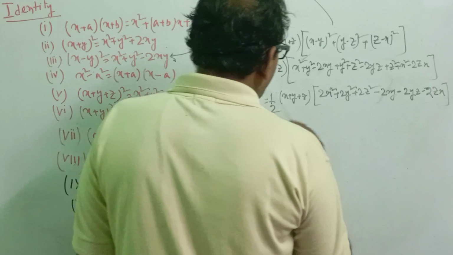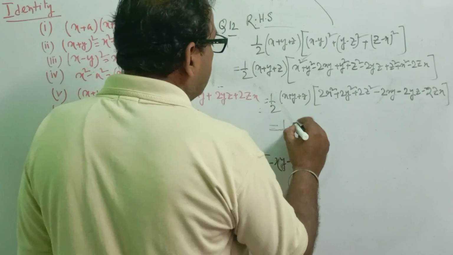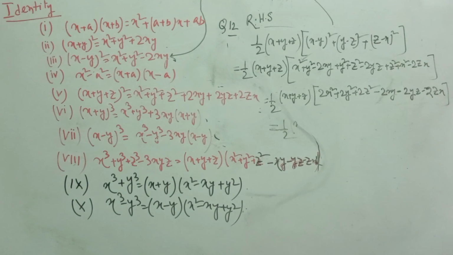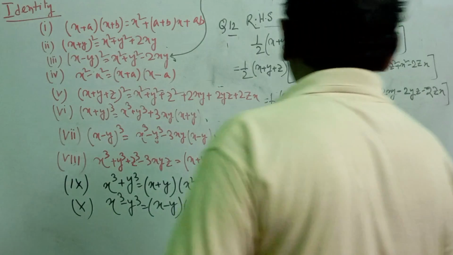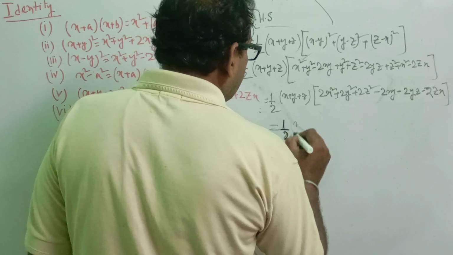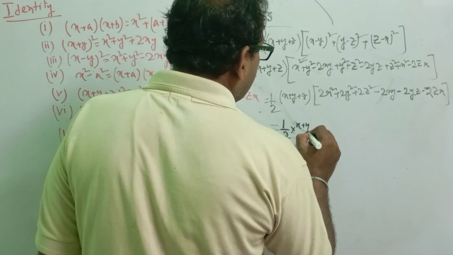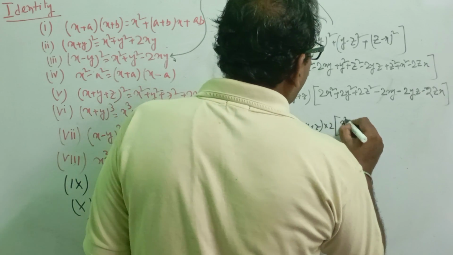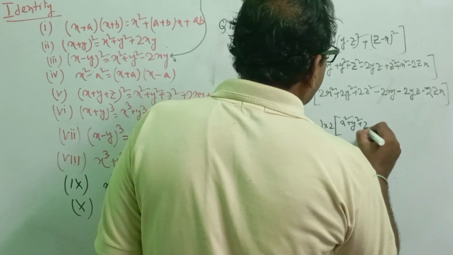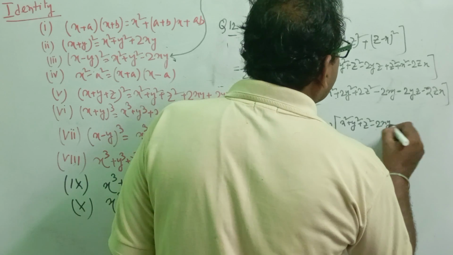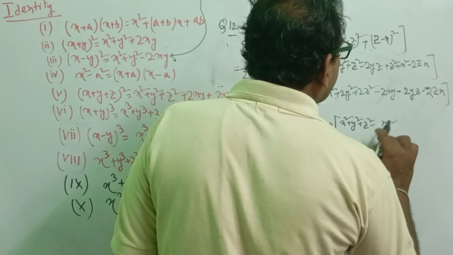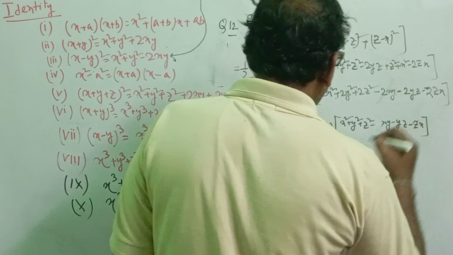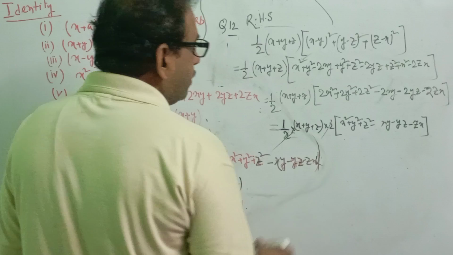So from all, 2 can be taken as a common. Into 2, what has happened? Now this 2 is cancelled.